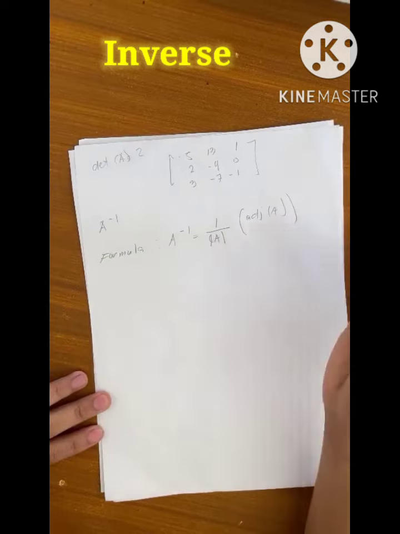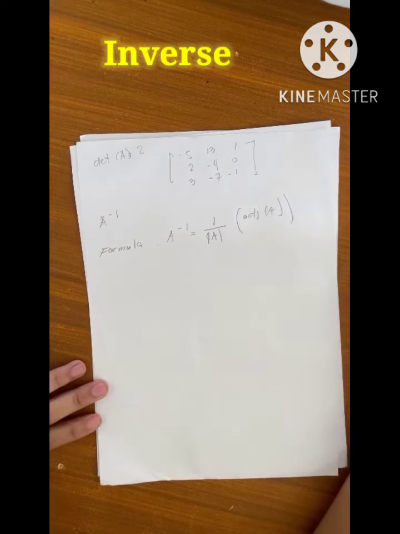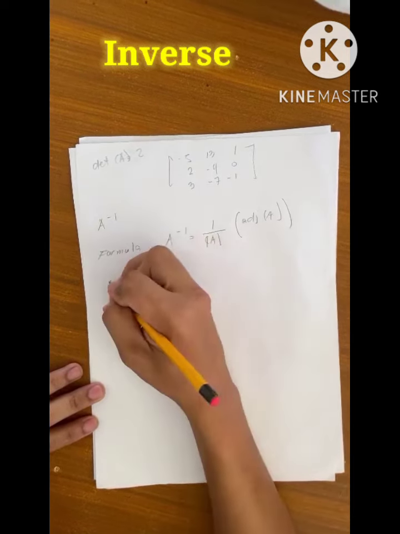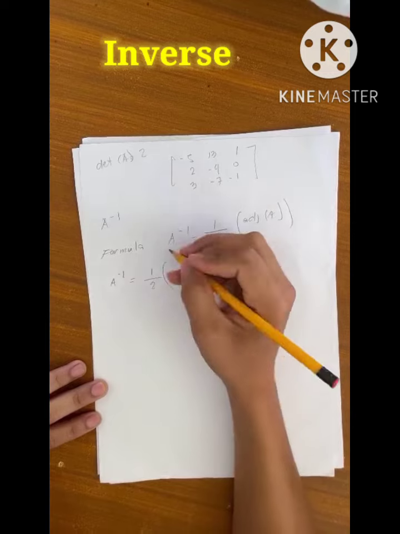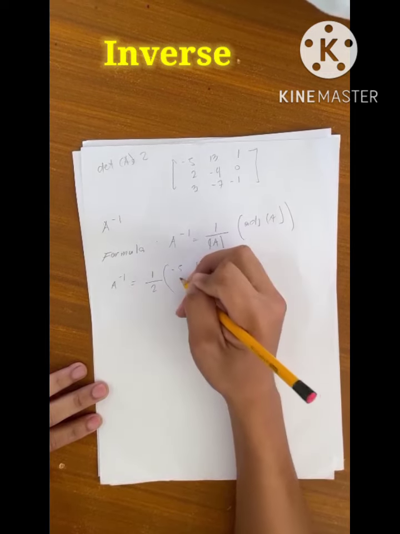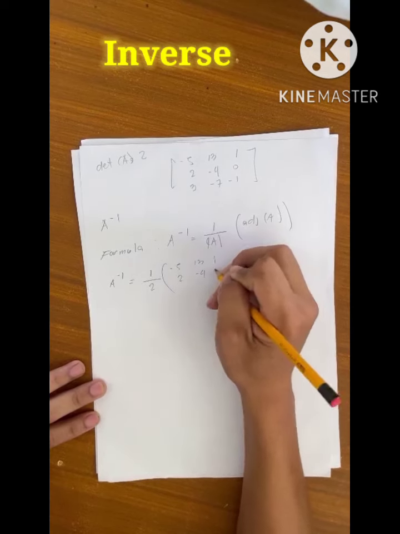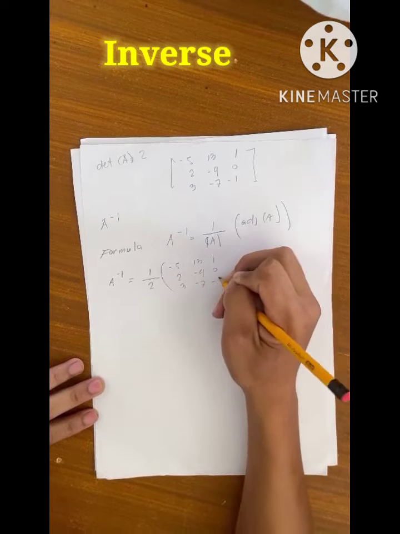So we substitute the determinant of matrix A and the adjoint of matrix A. So A raised to the power of negative 1 is equal to 1 over 2 times negative 5, 13, 1, 2, negative 4, 0, 3, negative 7, and negative 1.